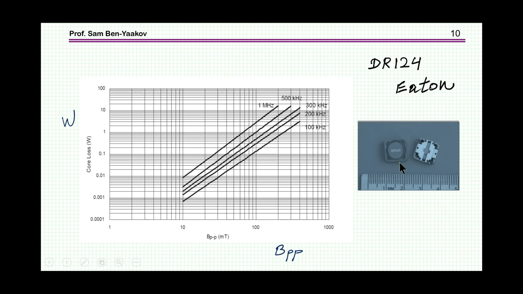In this case, it's for this particular core, this Eaton core, DR124, as a function of, in this case, peak to peak. Usually it's B peak, but in this case, they give it as peak to peak. And therefore, if you know the B peak to peak in Tesla or millitesla, here 100 millitesla, and you know the frequency, then you can find out the total core loss of this device, and this should be, of course, added to the copper loss.